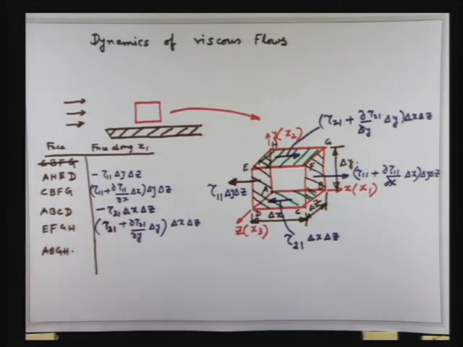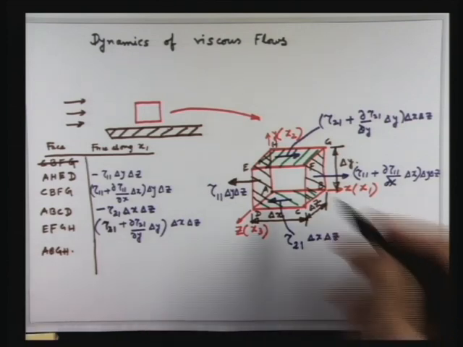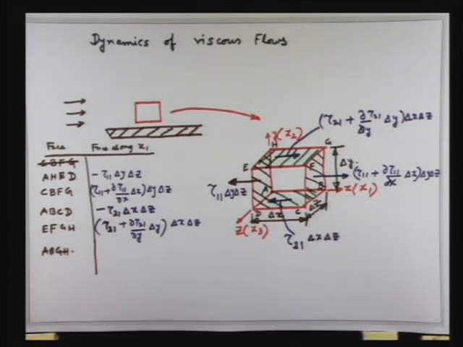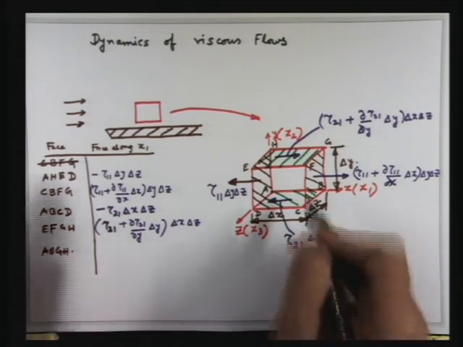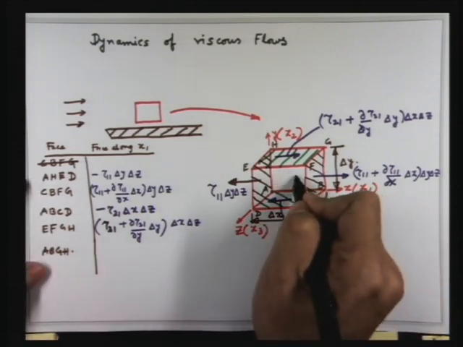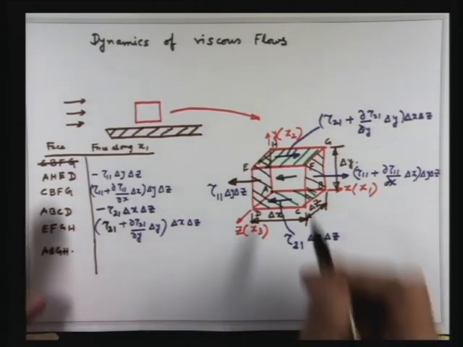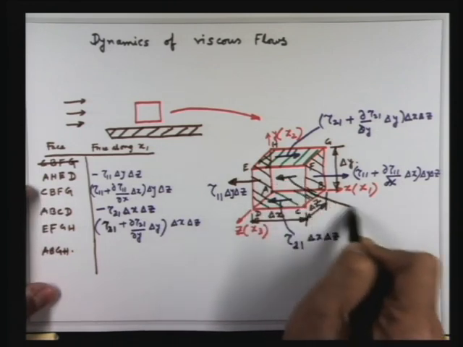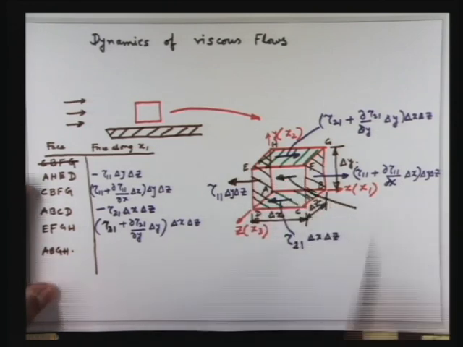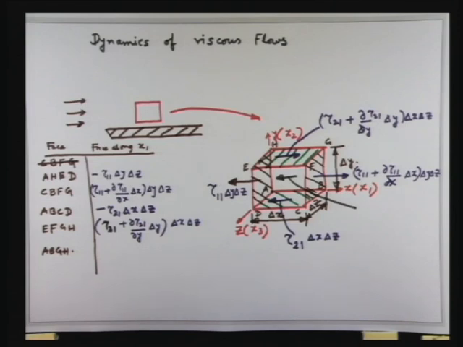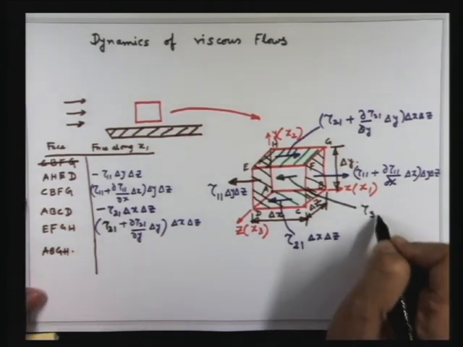So let us represent the force on the back face. The back face, the outward normal is along negative z. So on the back face, you have the force in this direction. I am not shading it because shading will make it very clumsy. So this is the back face. What is this? Tau 3 1. Very good.